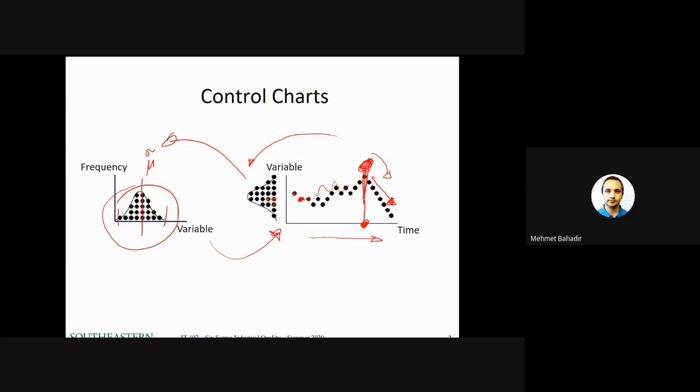Those are the things that usually cause changes in the values of the data that we collect. So by looking at your historic data, you can go back to that point in time and look for what caused that problem or what caused that change in the characteristics of the process.